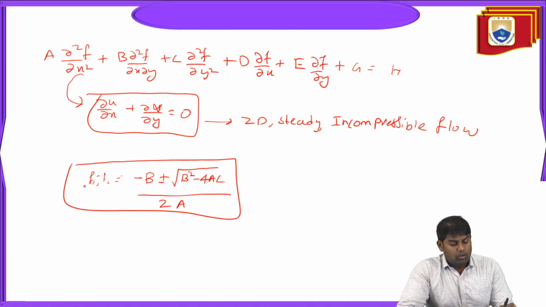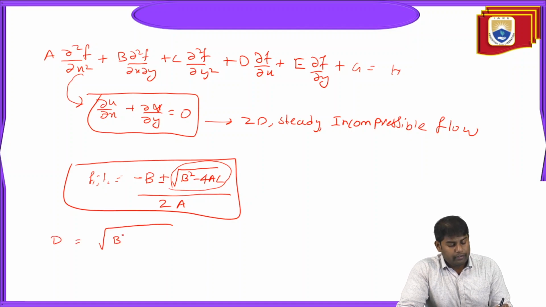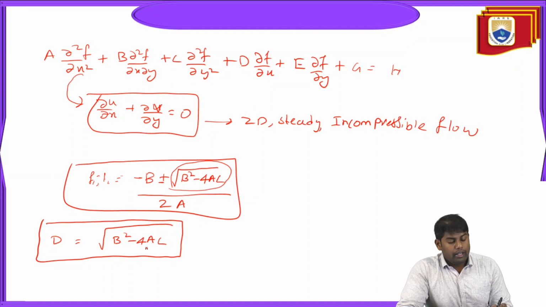Now we will actually focus on this thing. Why? Because we have a square root discriminant, which is D equal to b square minus 4ac actually. Which gives rise to an important conclusion: if the value of b square is less than 4ac, this will become an imaginary root.